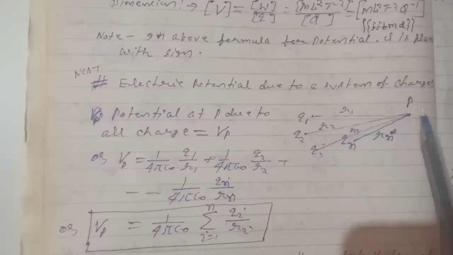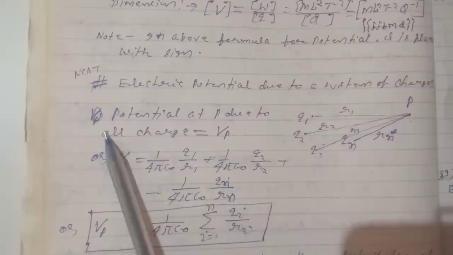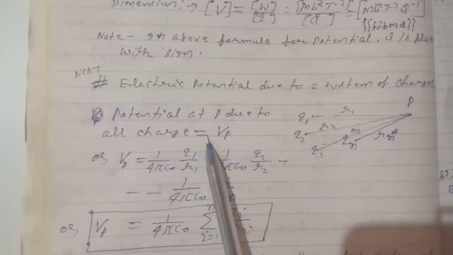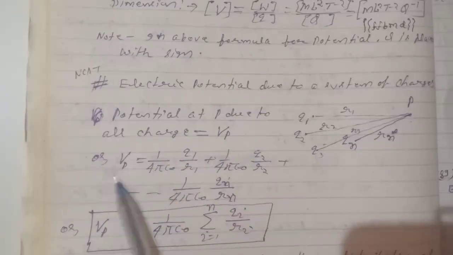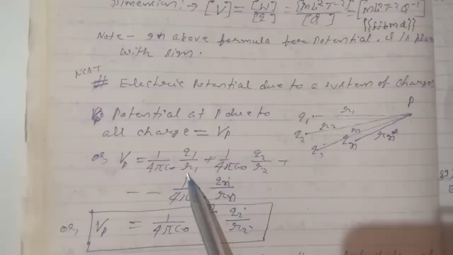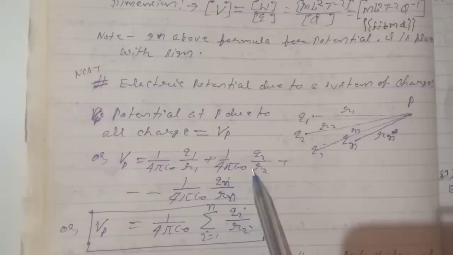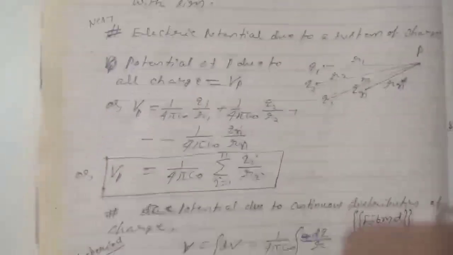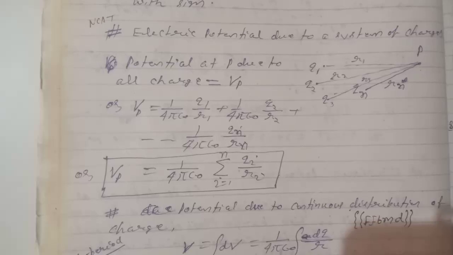So the net potential at point P will be the potential due to all charges at point P, Vp equals 1 by 4 pi epsilon naught q1 by r1 plus 1 by 4 pi epsilon naught q2 by r2 plus and so on, up to 1 by 4 pi epsilon naught qn by rn, where n represents the nth charge.